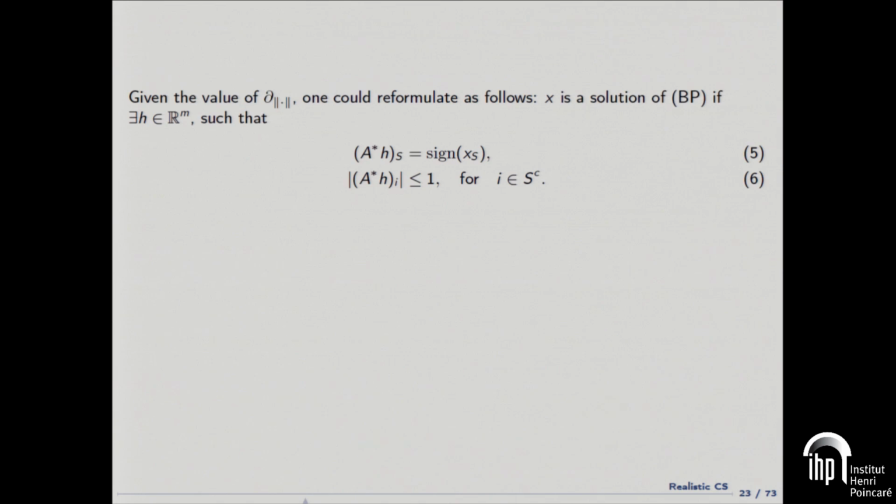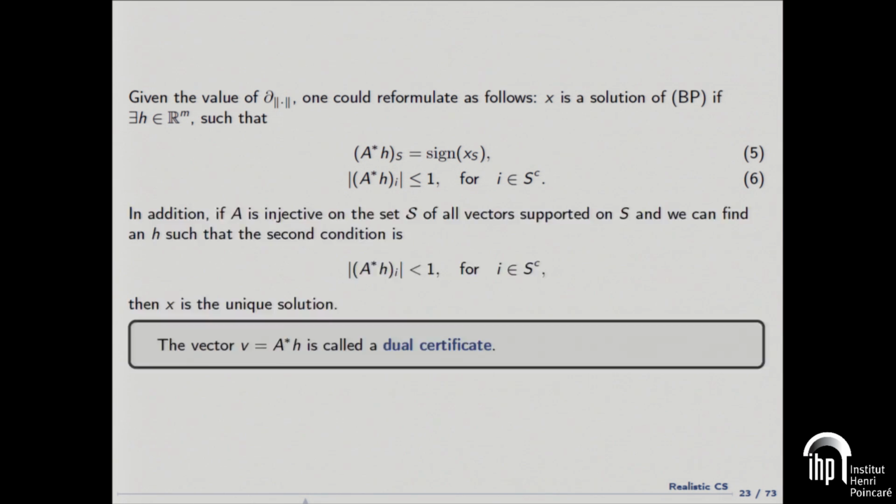So we need to find an H such that A star H on the support is equal to the sign of X_S, because this is the subdifferential of the L1 norm, and outside of the support, it should be less than 1 in magnitude. And actually, if A, your sampling matrix, is injective on the set of vectors supported by S, and if you constrain A star H to be strictly less than 1 outside of the support, then you will have uniqueness of the solution.